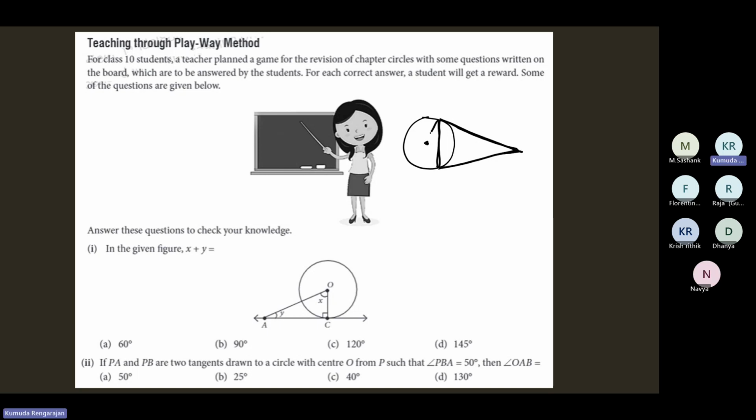Center of the circle. PA, PB, O. PBA is 50. This one is 50. So that means this is also 50. Now OAB, this one is 90. So 90 minus 50, 40.